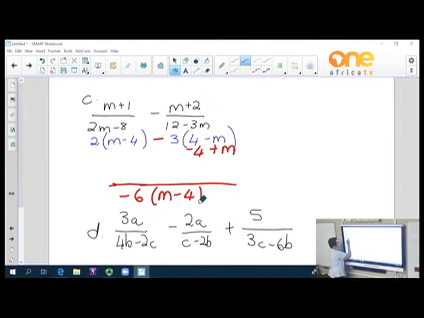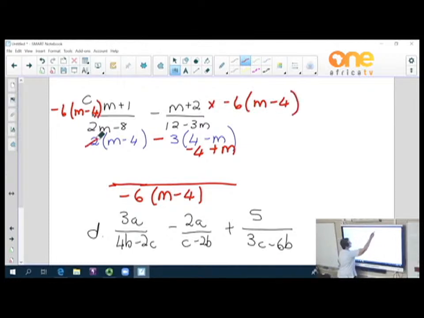So I multiply with negative 6, m minus 4, and I will multiply with negative 6, m minus 4, and cancel. So the 2 divides into the 6 negative 3 times. This will cancel out. I need to multiply that negative 3 here. So I have negative 3m minus 3.